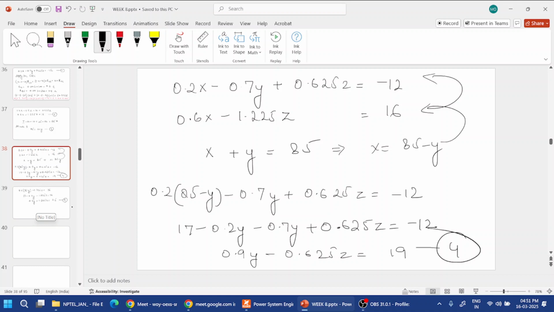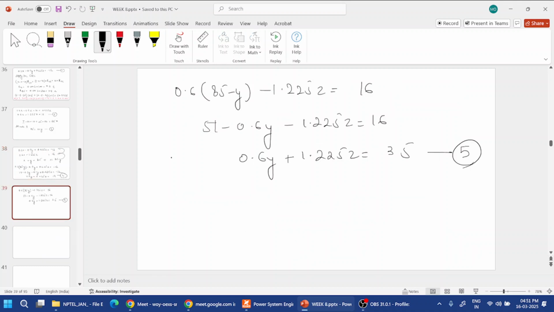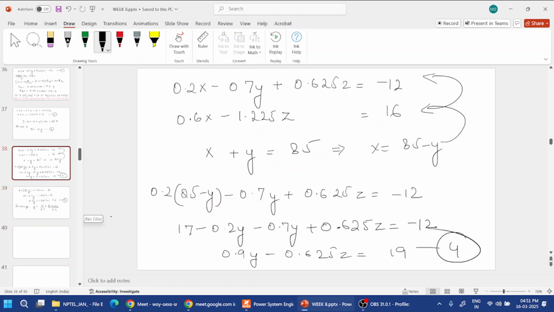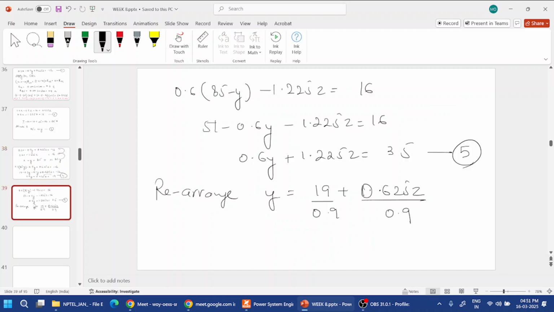We can rearrange the fourth equation, and it will be y equal to 19 plus 0.625z divided by 0.9. I think it's quite clear: we take this here and divide it by 0.9.